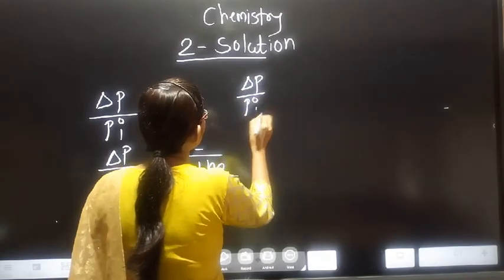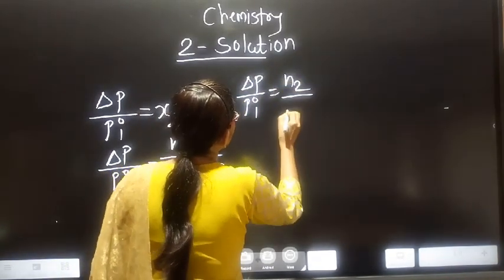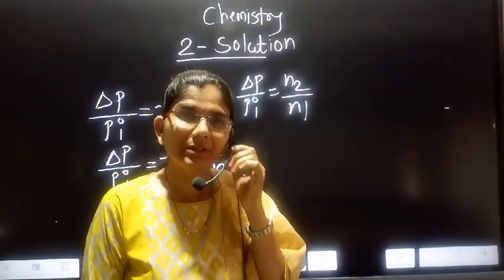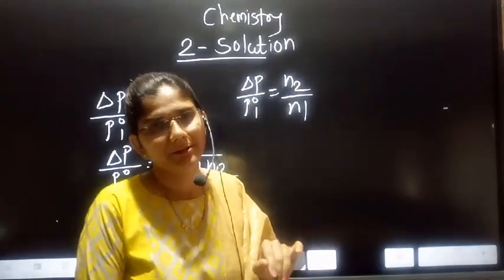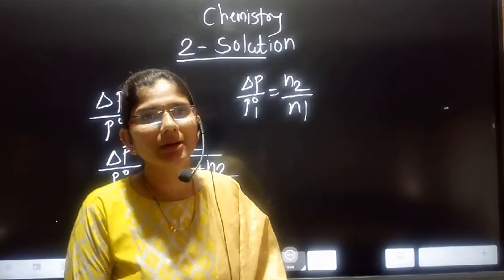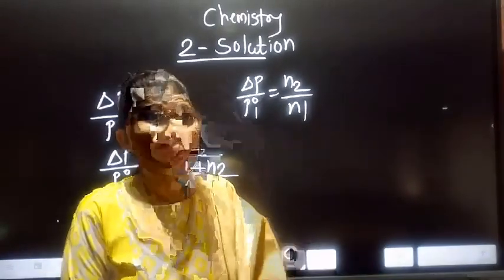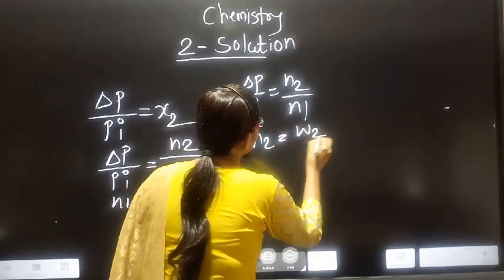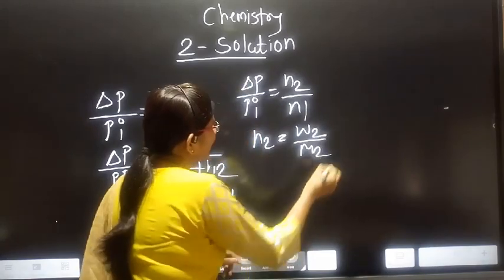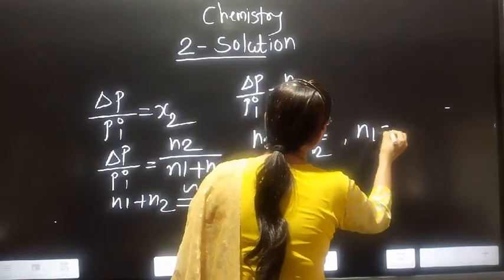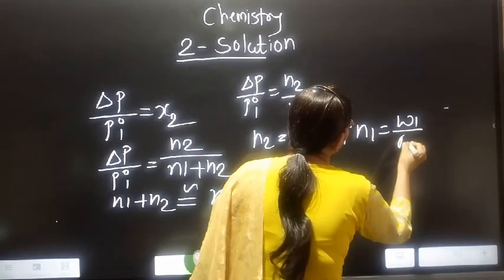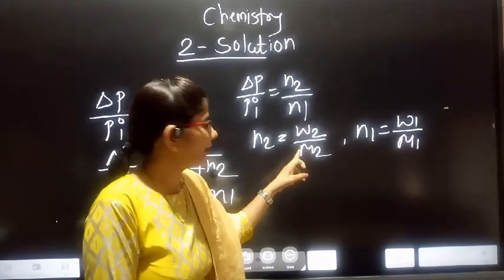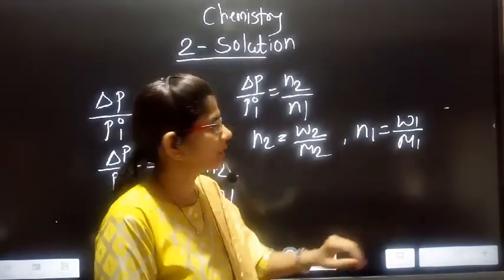Therefore delta P upon P naught 1 is equal to N2 divided by N1. N2 means the number of moles of solute, and N1 means the number of moles of solvent. But as we know from our 11th standard first topic, N2 is equal to W2 upon M2, and N1 is equal to W1 upon M1, where W2 is the weight of the solute and M2 is the molar mass of the solute.